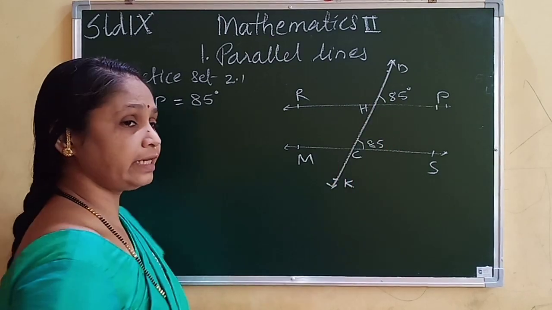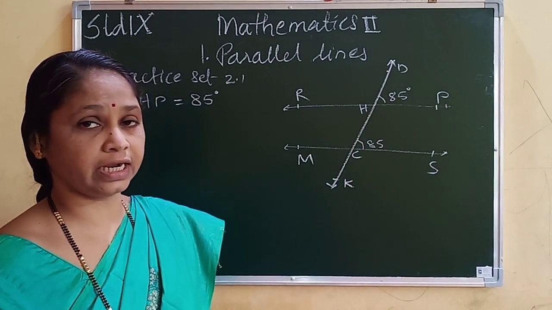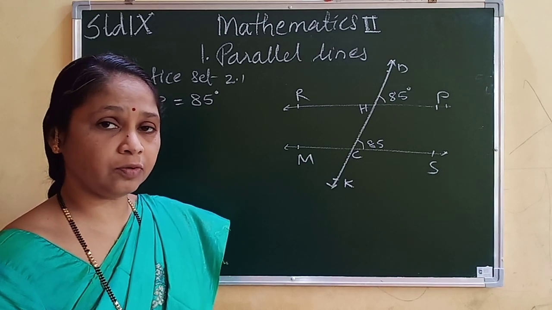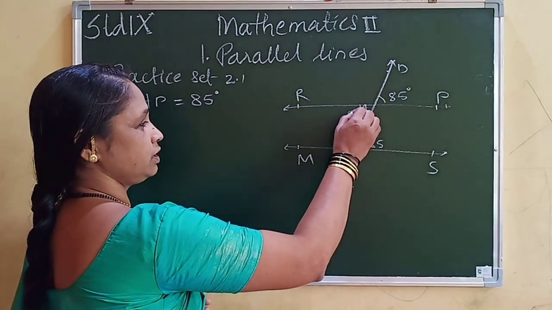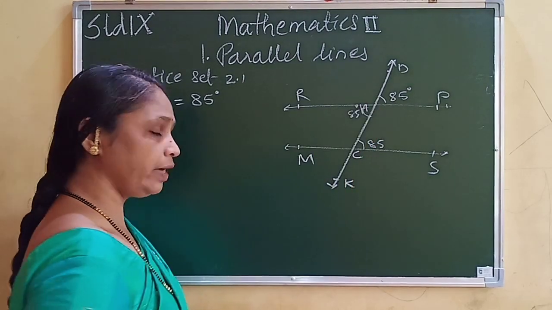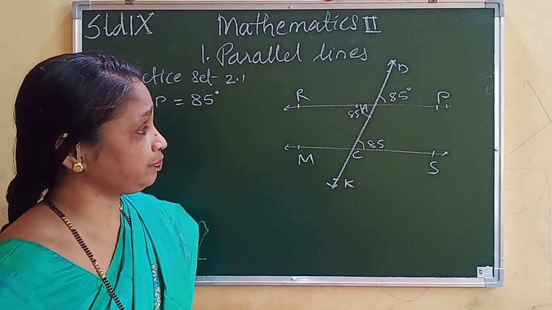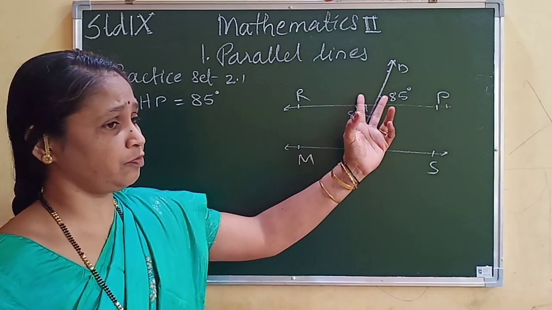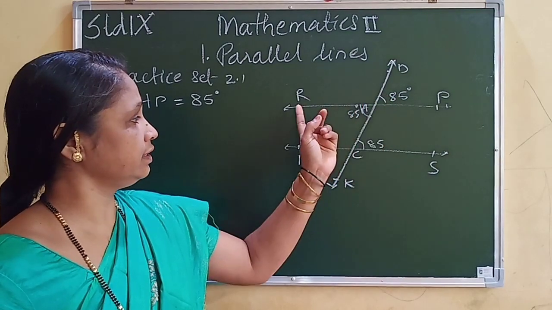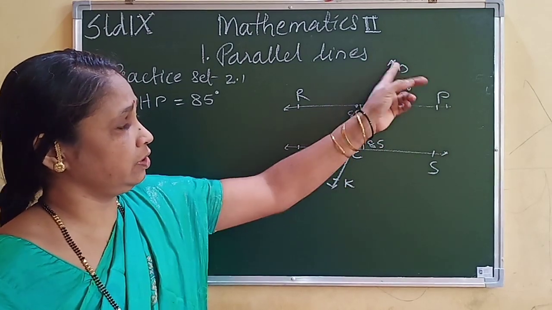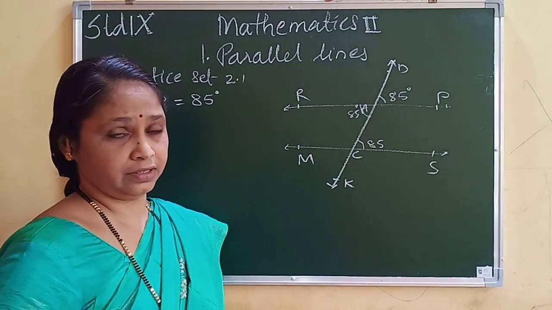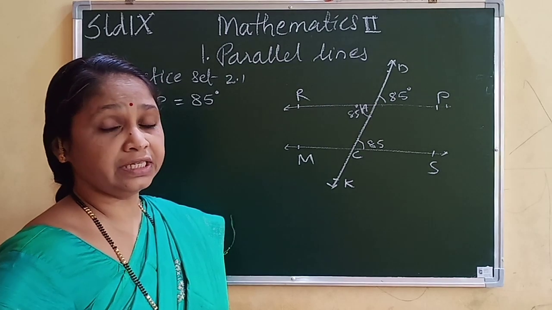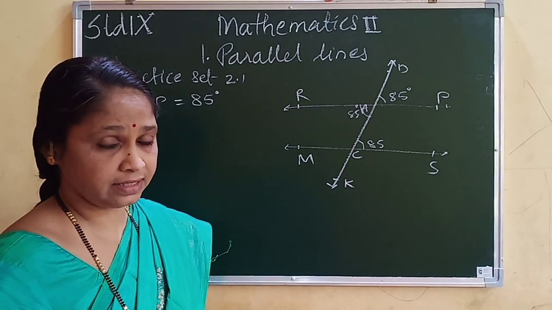Okay. Now this will be 85. Now here another type of angle also we have studied, that vertical opposite angles are congruent. Now see here, this vertical opposite, so it will be also 85 degree. Now again this type of angle also we have studied, that is RHD. Now RHD and DHP, they are a linear pair of angles.